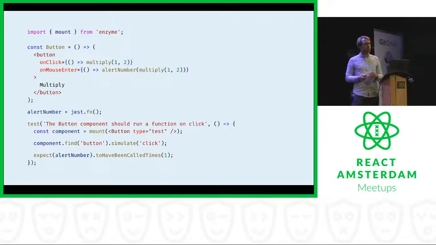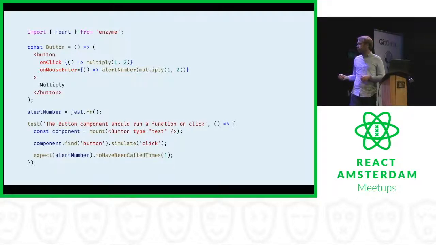And when you talk about integration testing while using React, Enzyme is probably the most popular and most useful tool. Here we have the same button component again, with the on-click and the on-mouse enter, and here in the bottom we have a test case, where we say the button component should run a function on click.